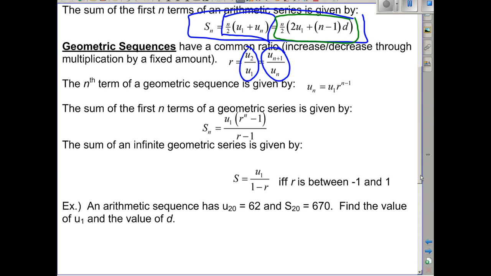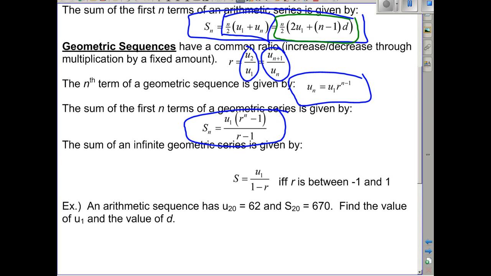The nth term is given by this statement here: first term times the common ratio to the power of n minus 1. The sum of the first n terms is given by this statement. And sometimes geometric series have an infinite sum. So if they go on forever and ever, they're actually going to converge on a number.